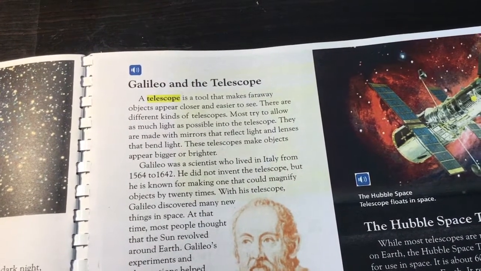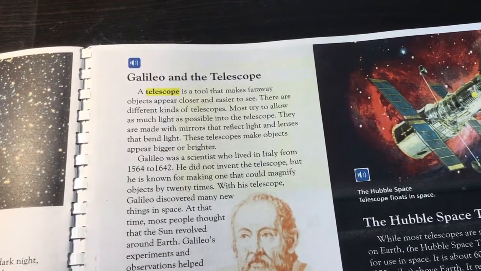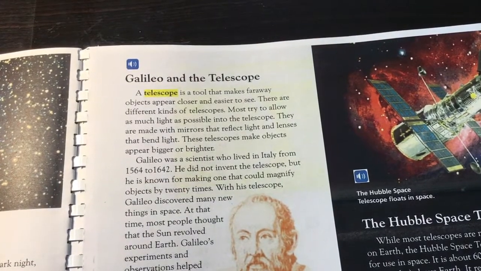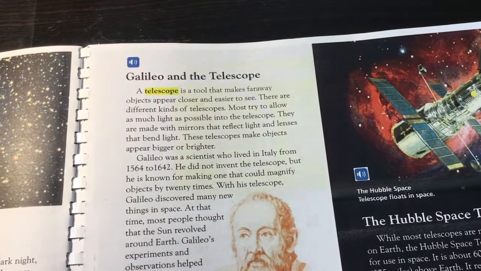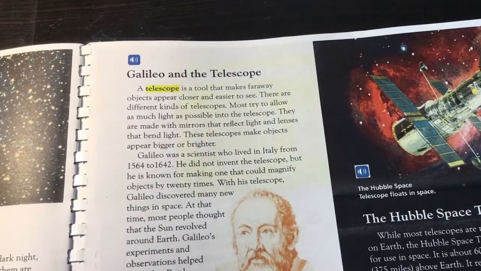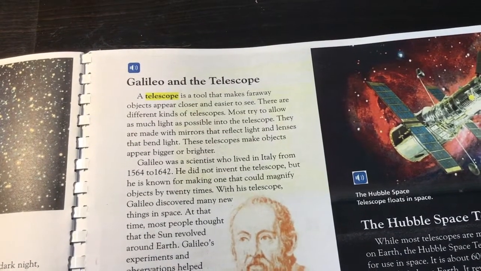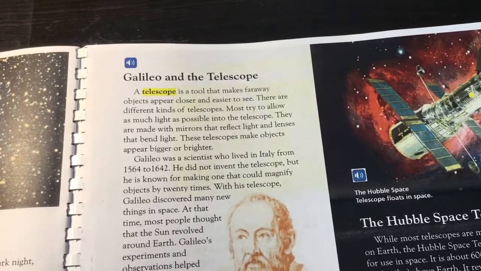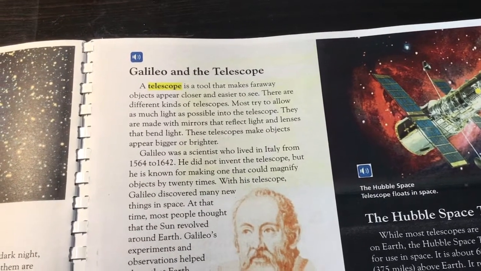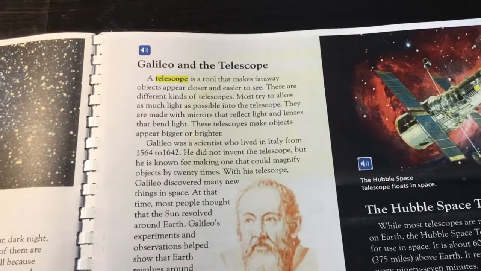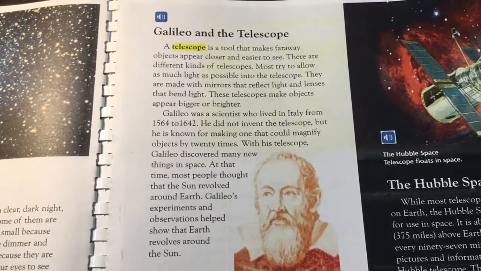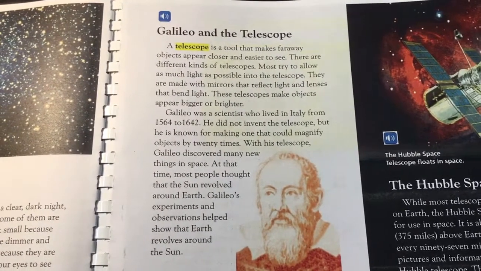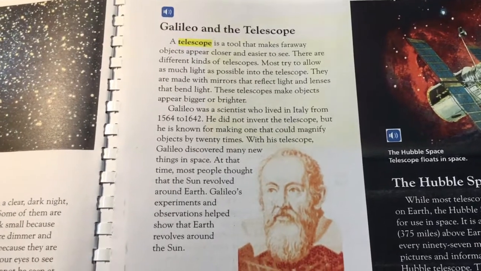He made the telescope and he was a scientist who lived in Italy. And he was important because he found out that there are space and sun and stars.